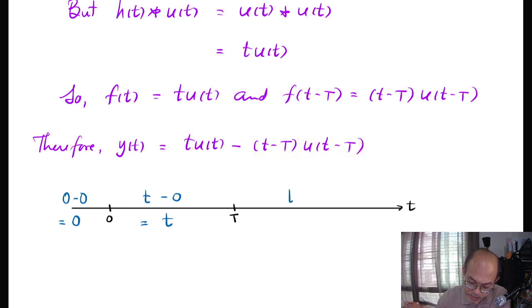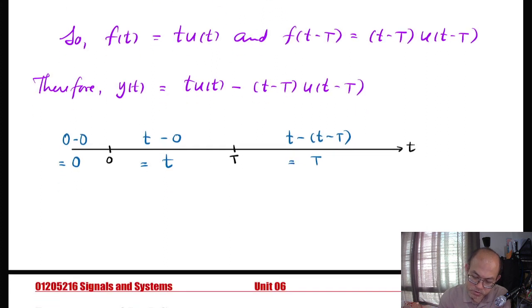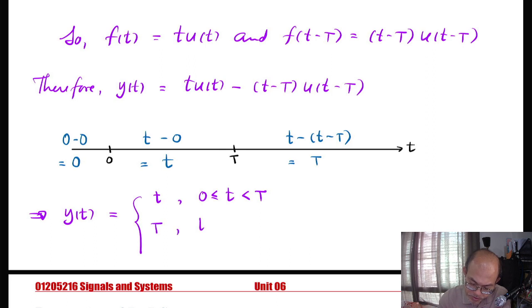So this is t minus (t minus capital T), and it is capital T. So from here we have y, the outcome, would be t when time is greater than 0 but less than capital T, and then capital T when time is greater than capital T, and 0 elsewhere.